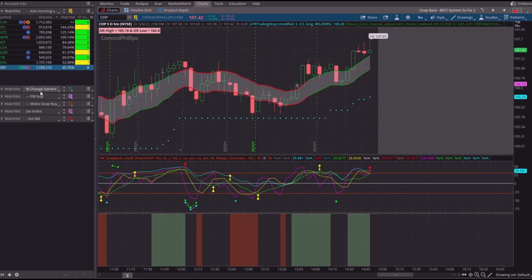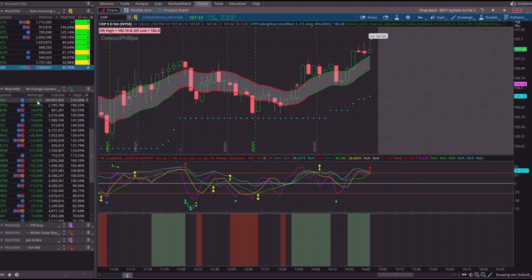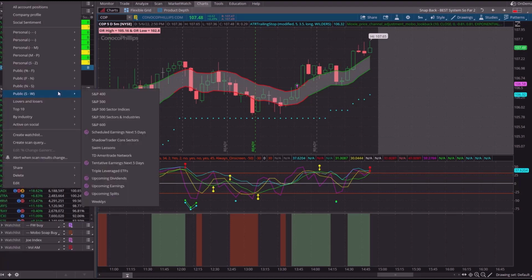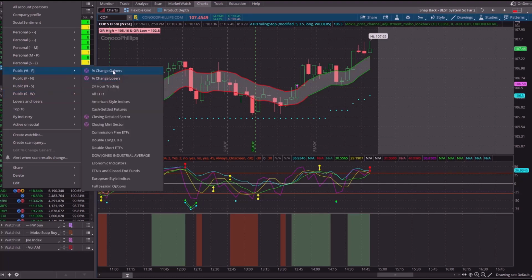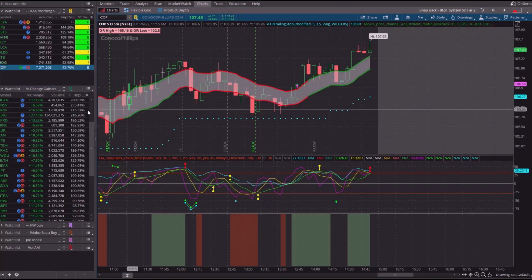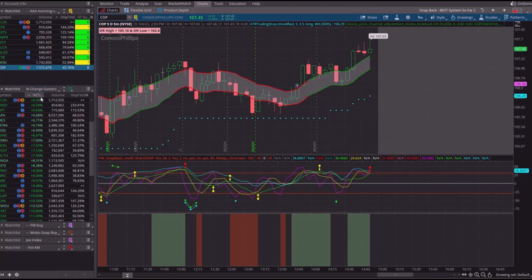Another watch list is to look at the percentage of gainers. So this is standard within Thinkorswim as well. It's just the public percent change gainers. And so this helps you see stocks that are trending upwards.